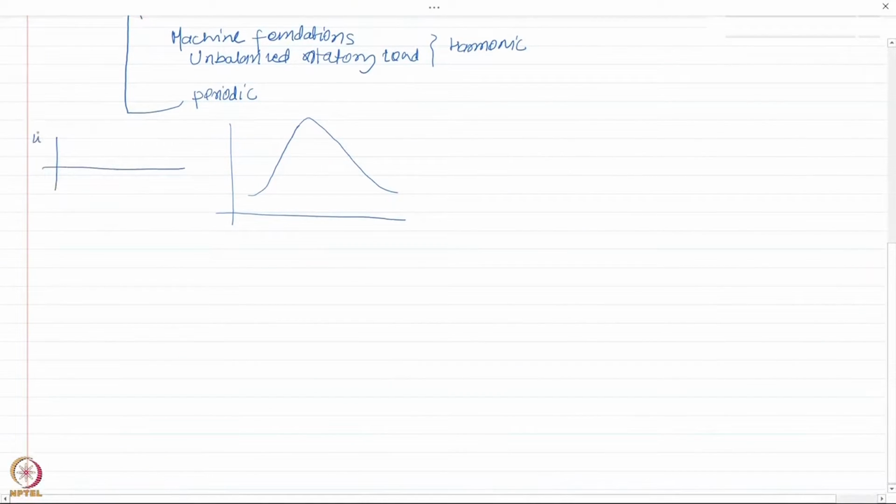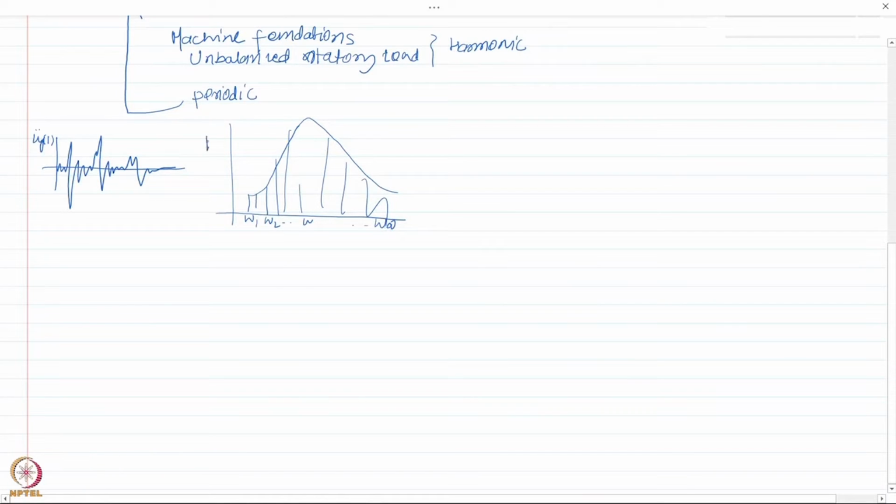So let us say this is my ground excitation, and I'm representing it with some random function which is neither periodic nor harmonic. Even this has a distribution of frequencies. Depending upon which frequency is predominant, I could have, like this, up to infinity.